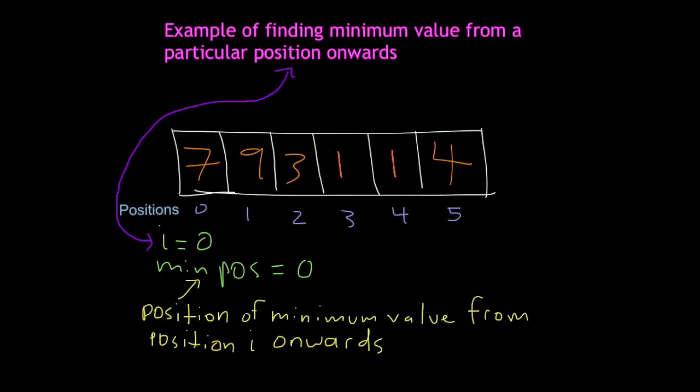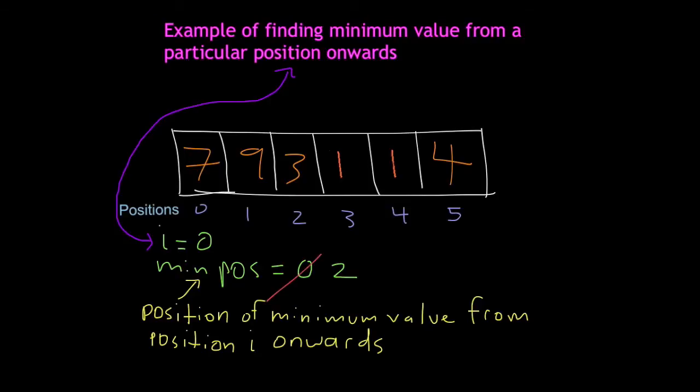Next we look at the value at position 1. It is greater than the value at position 0, our min_pos, so we don't do anything. Next we look at the value at position 2. This is less than the value at our min_pos, so we change our min_pos to 2. Alright, so now we look at the value at position 3.